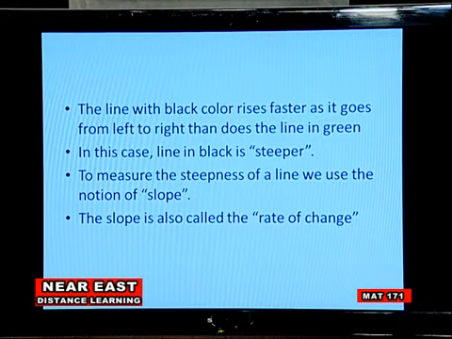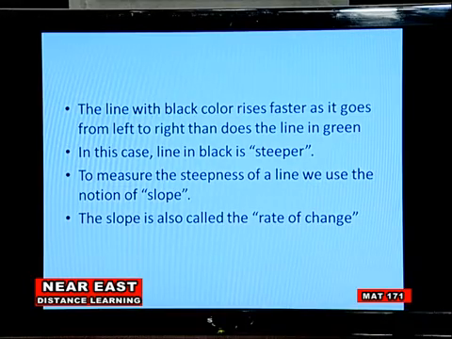I have two lines, this and this. This one will rise faster as it moves from left to right, and this one will not rise as fast. So we say this line is steeper than this. That is steepness, how far our line rises. To measure the steepness of a line, we use the notion of a slope.